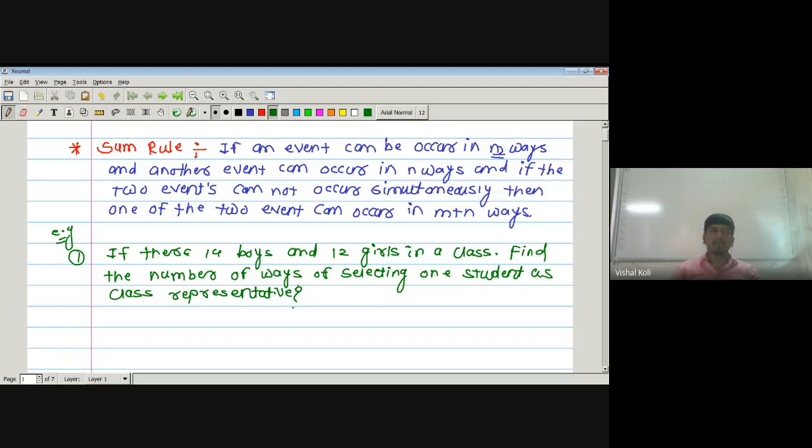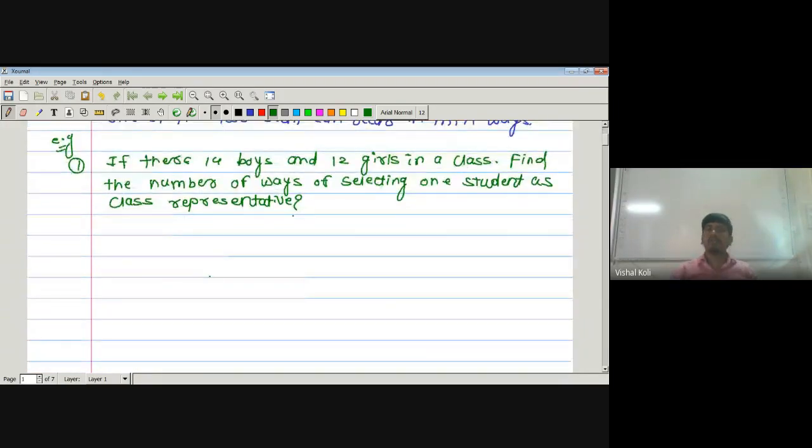In such examples, we have to use the sum rule. Here, in the problem, given that there are 14 boys and 12 girls in a class, and we have to find out the number of ways of selecting one student among these 14 boys and 12 girls as a class representative.